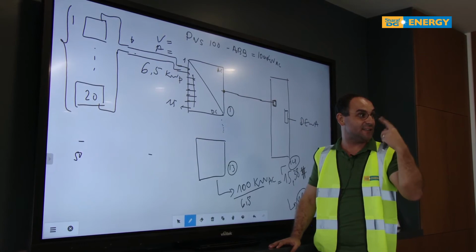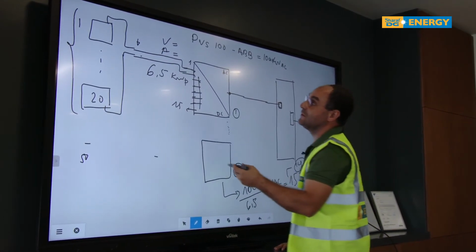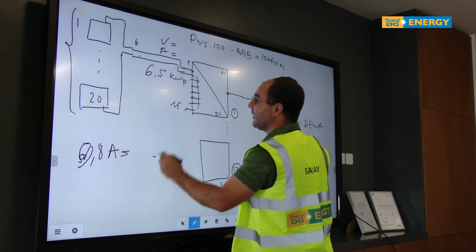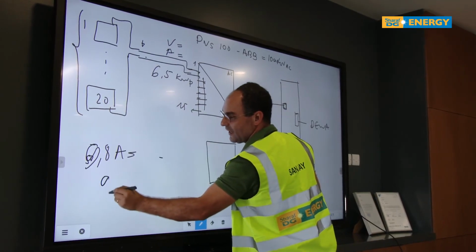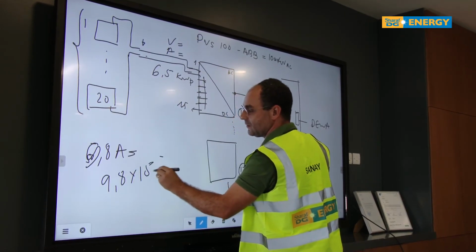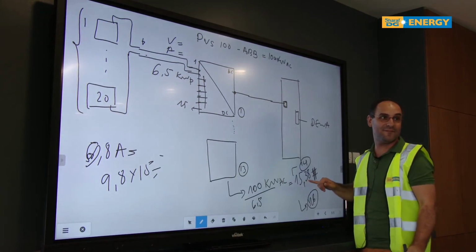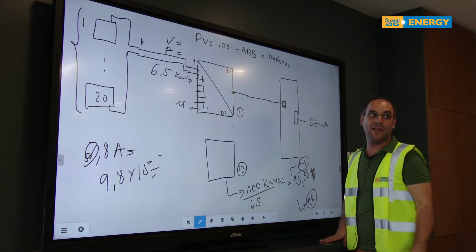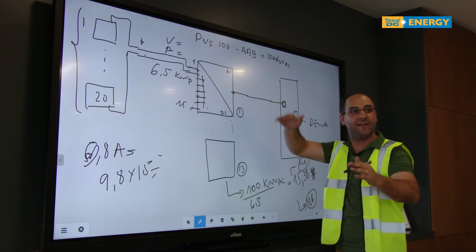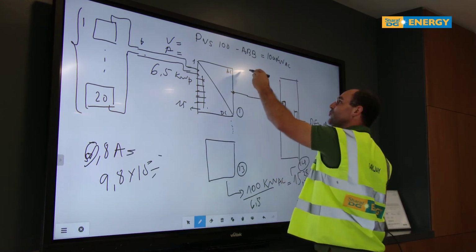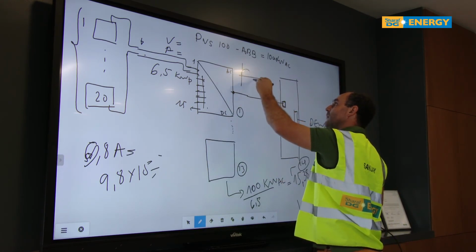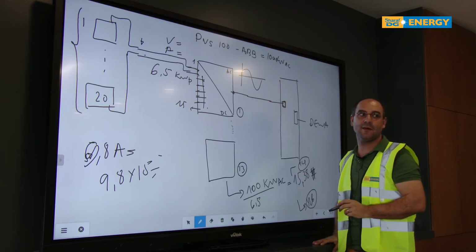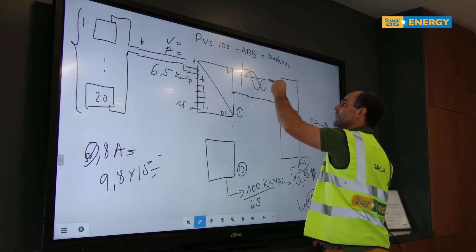So the 9.8 amps that you have here will be paralleled: 9.8 times 15 in series will be the amount of current inside the machine. That current will be filtered, leveled, and oscillated to produce your three-phase system. This is a single phase only, but three-phase system.